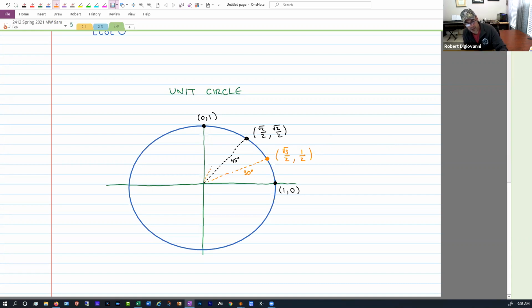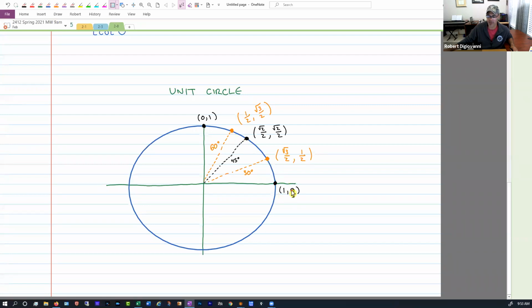Now, the other angle here that's important to us is 60 degrees. And that point is 1/2, √3/2, which conveniently is just this one flipped over, isn't it? The x and y coordinates just change. So there aren't really a lot of things for us to remember.